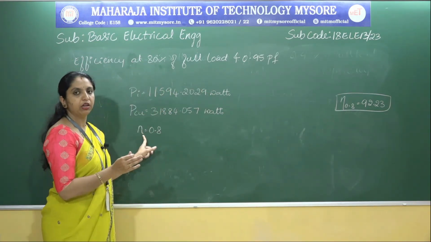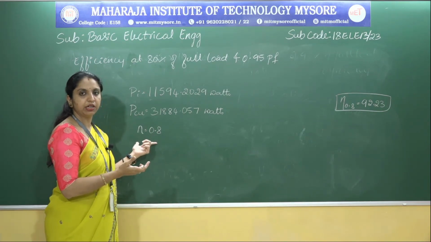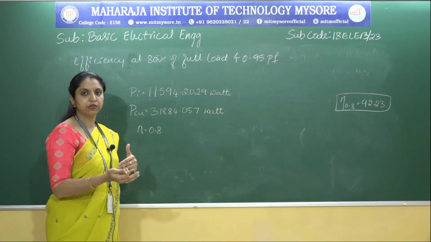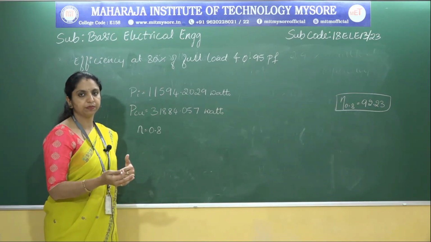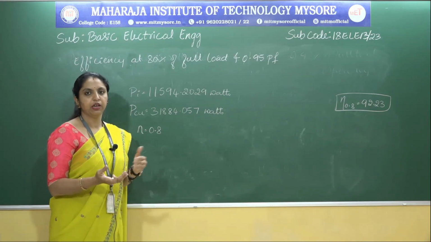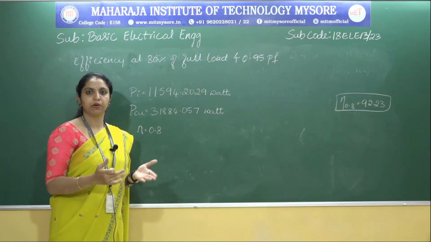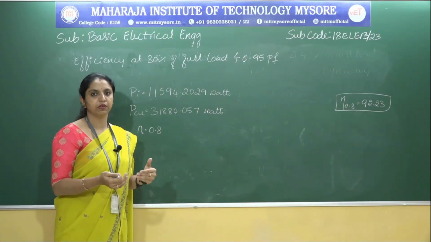n is equal to 0.8, or this can be mentioned as n being half of the full load, or 3/4 of the full load, sometimes 1/4 of the full load. Remember, half of the full load means n becomes 0.5, 1/4 of the full load means 0.25, and 3/4 of the full load means n is equal to 0.75.